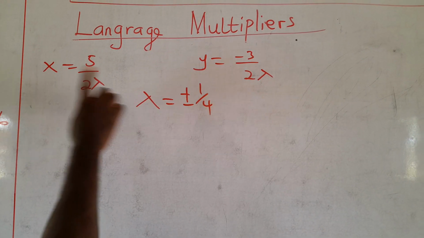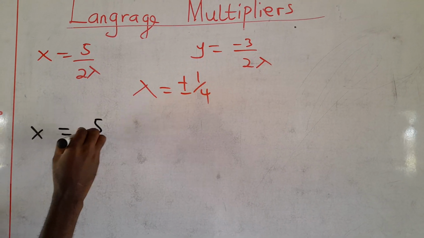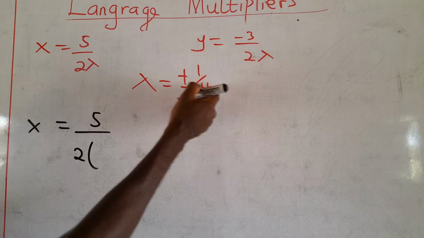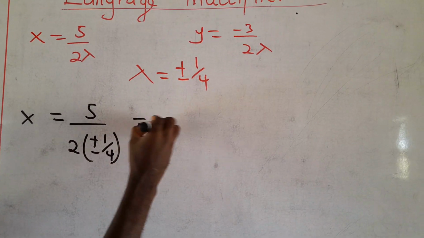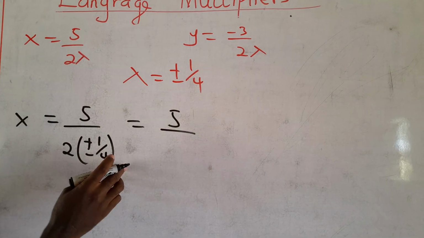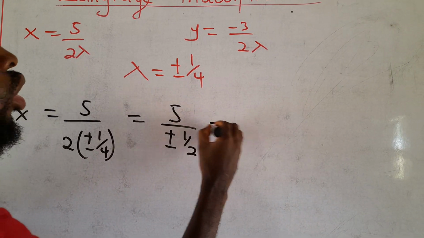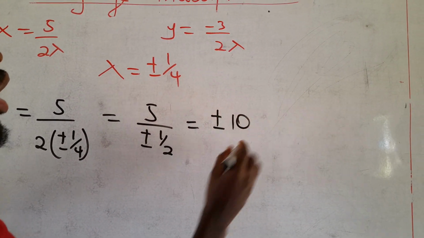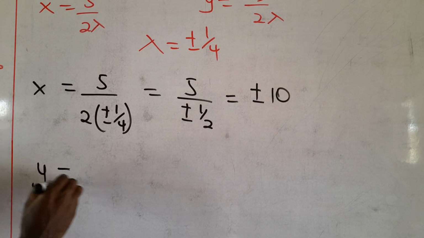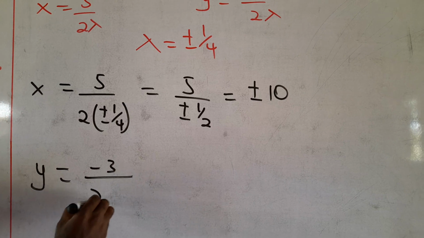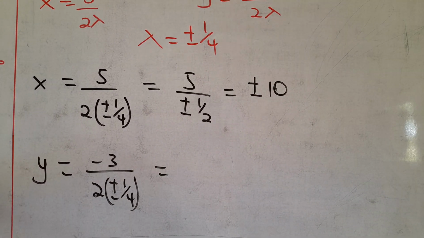So now we substitute lambda into this equation to get our x and y. So our x will be 5 over 2 bracket, lambda is plus or minus 1 over 4. We have plus or minus 1 over 4. This will be 5 over, bracket, 2 will multiply that, we have plus or minus half. 5 divided by half will be plus or minus 10. So the value of x is plus or minus 10. What of the y? y will be equal to negative 3 over bracket 2 times plus or minus 1 over 4, that's the value of lambda.